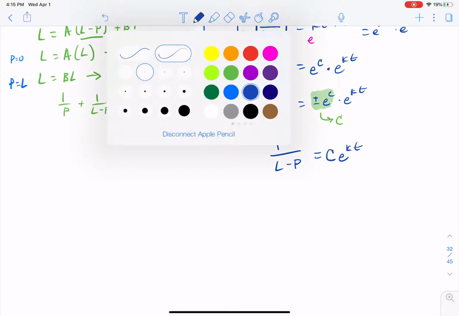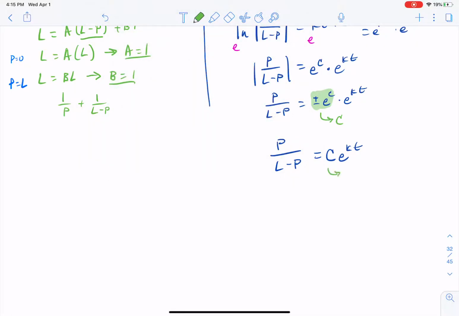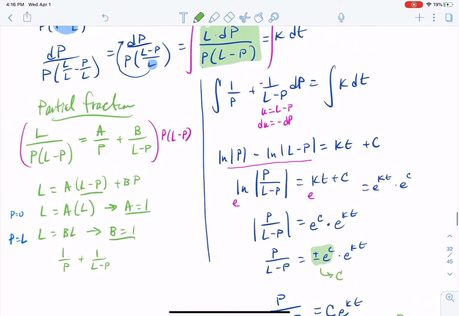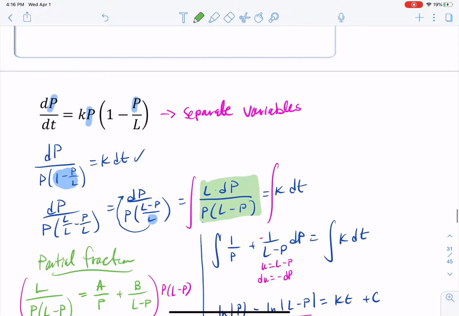So that's the one that you test. Can C be equal to 0? Well, if C is equal to 0, then that means that P over L minus P is equal to 0. Cross multiply, that means that P is equal to 0. If P is equal to 0, then its derivative is also equal to 0. So now let's scroll back up here to the actual differential equation and see if that makes sense.